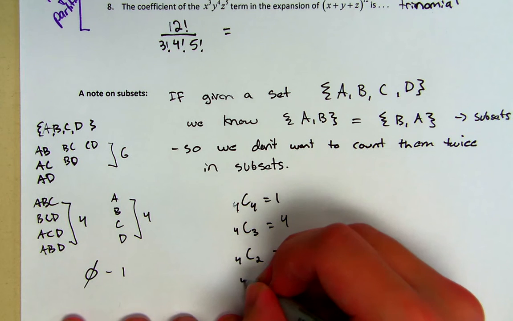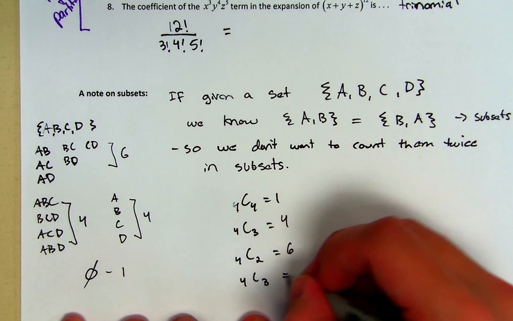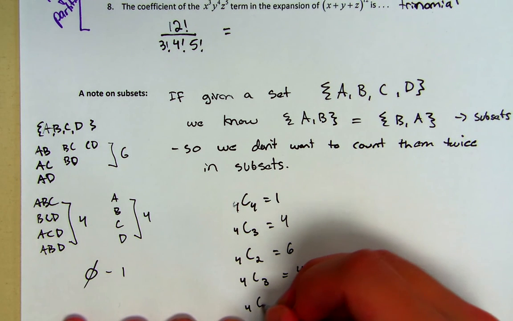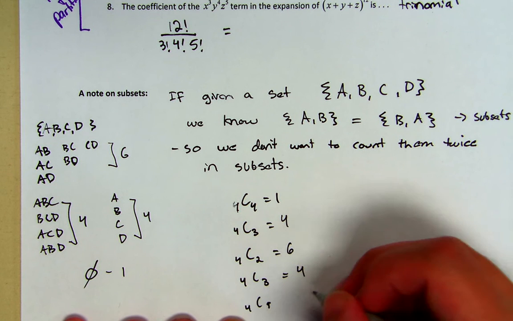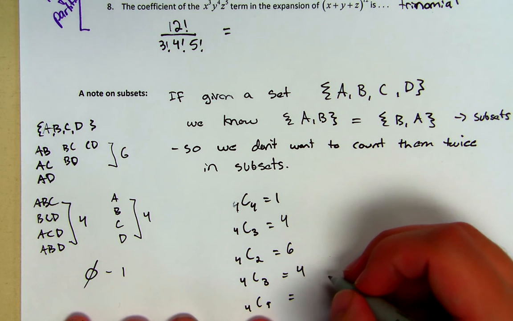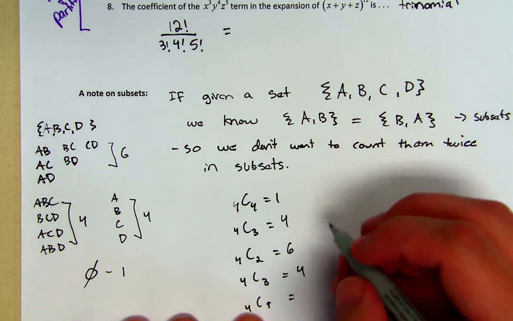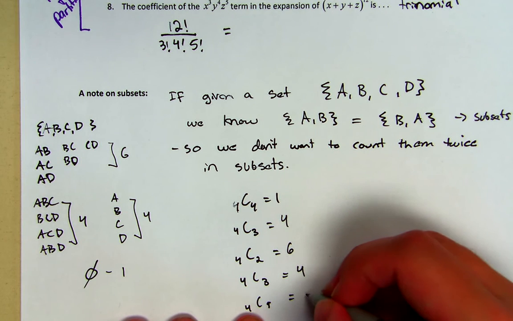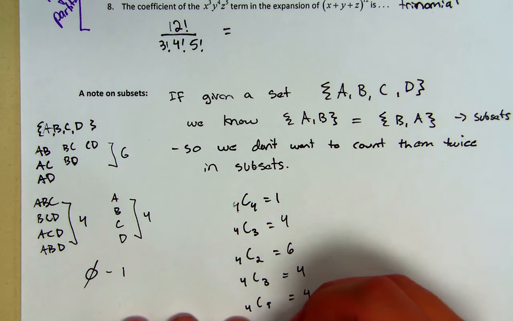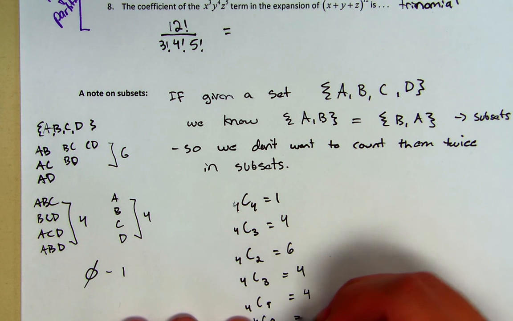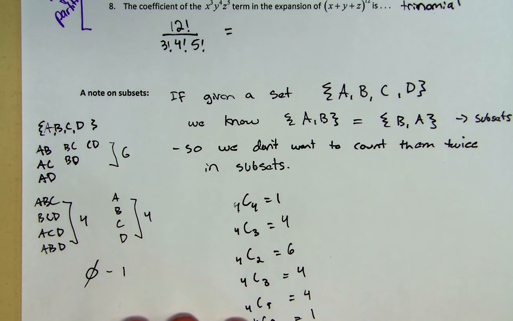That's 6. 4 choose 4 is 1. 4 choose 1 is 4. 4 choose 0 is my 1.